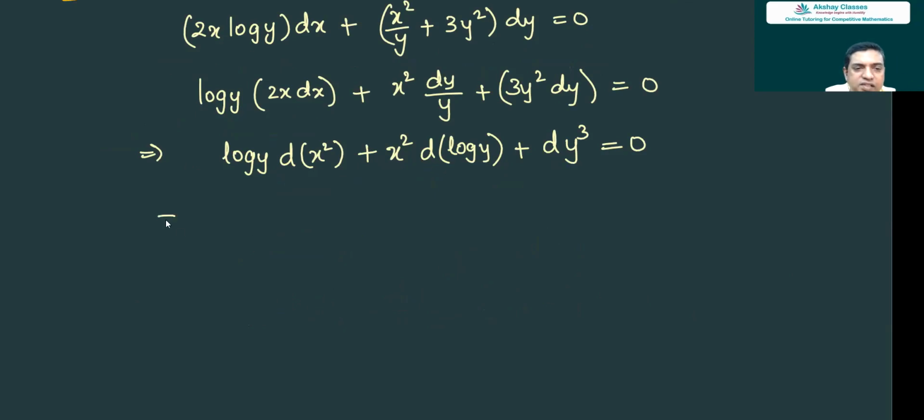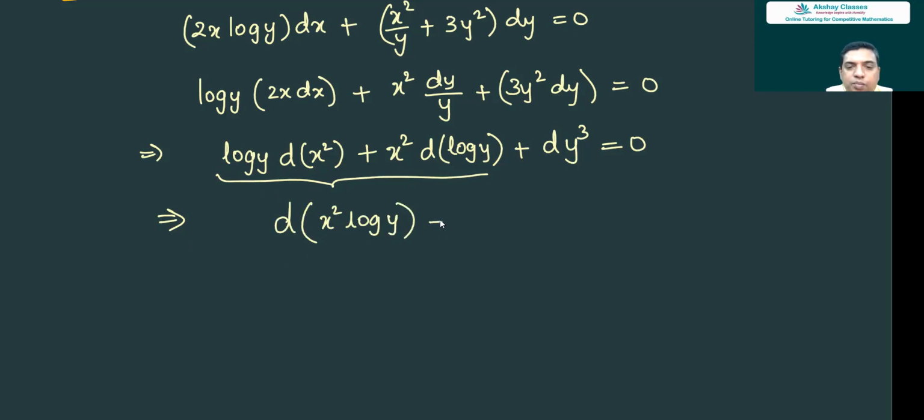Okay, so this implies, now this is the UV rule: U derivative of V plus V derivative of U. So I write this as the differential of x square log y plus the differential of y cube.